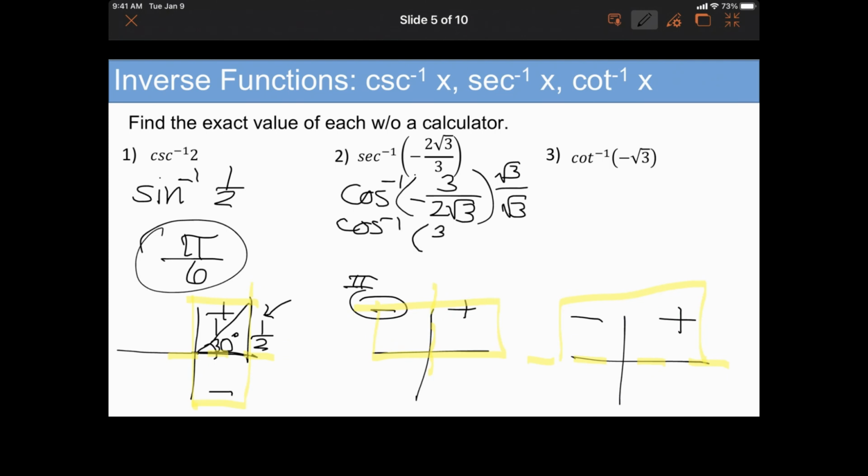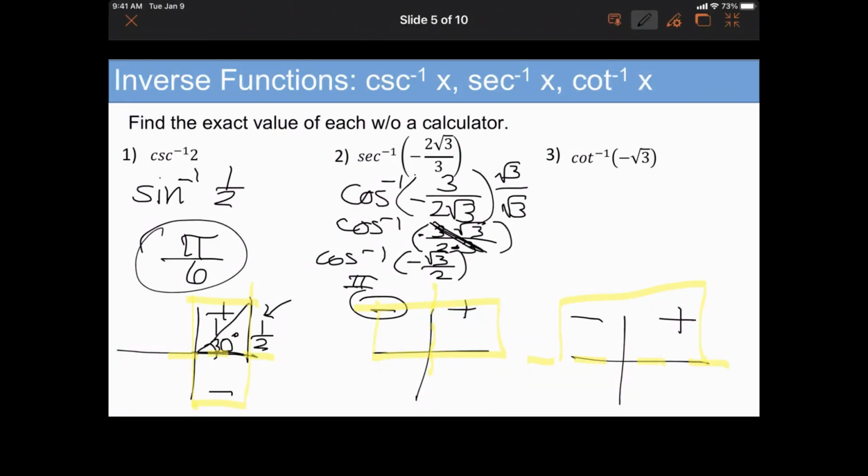That's going to be 3 root 3 over negative 2 root 3 times root 3 is 3. And this is multiply. Oh, you can multiply at 6, but I'm just going to simplify these 3's, right? So that actually turns out to be negative root 3 over 2. Oh, and I know how to do that.